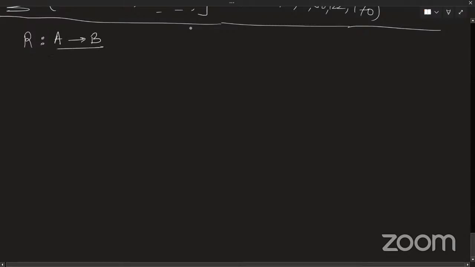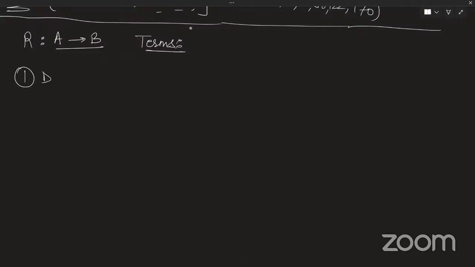Okay. So basically when we have a relation from set A to set B, there are some important terminologies connected to that relation. The first is domain. What does domain mean?